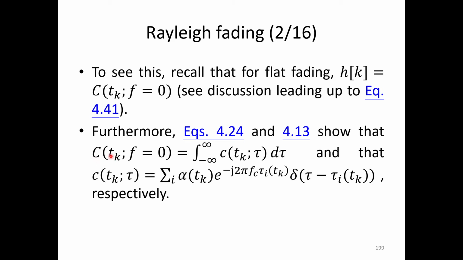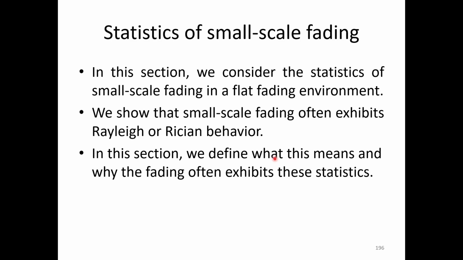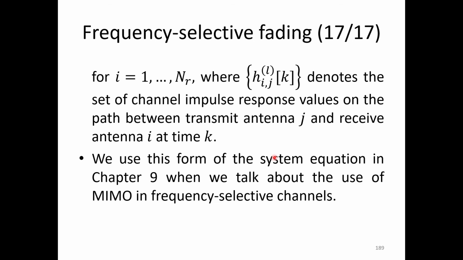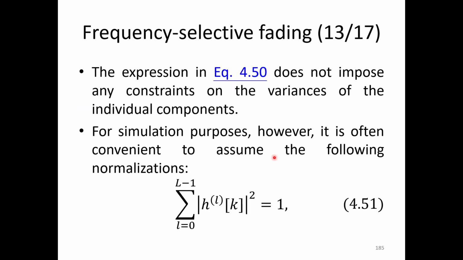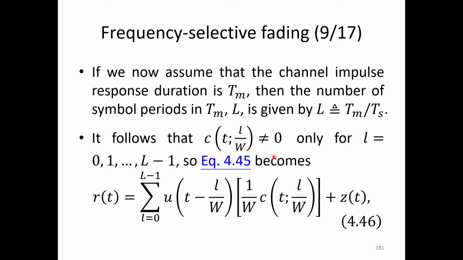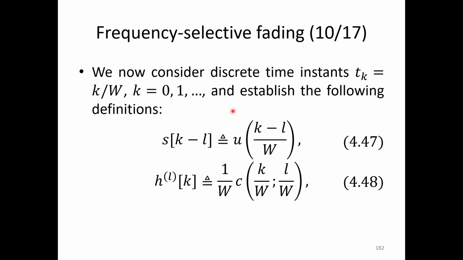Okay, then tk is equal to k over W. K is equal to 0, 1, etc. And what is the capital W?